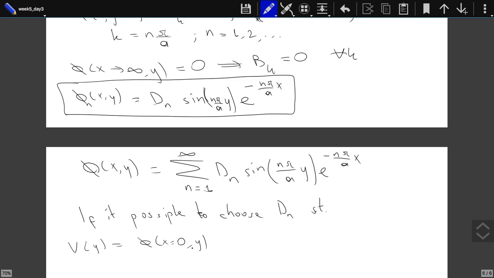But this expression, when x is equal to 0, just becomes the sum from n equal to 1 to infinity of d_n sine n pi over a y. So is it possible to choose d_n such that this sum is equal to this function over here?